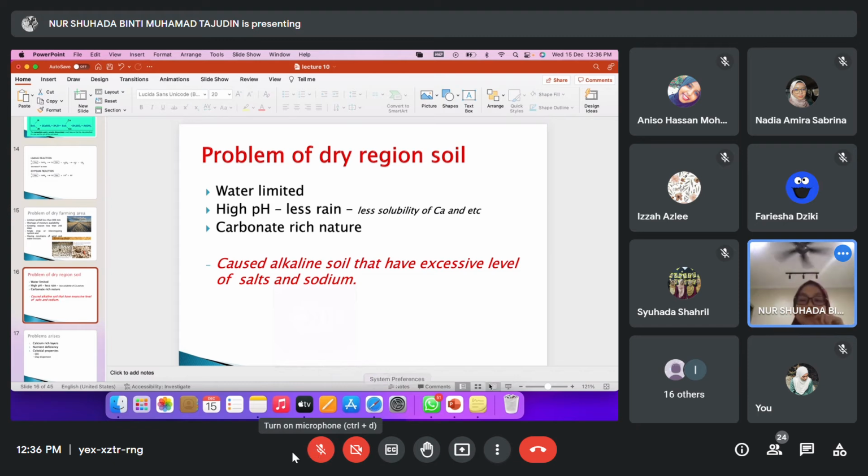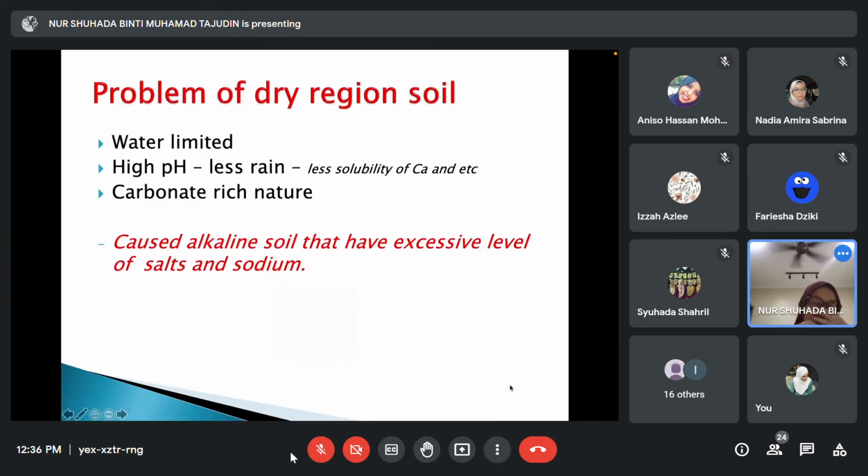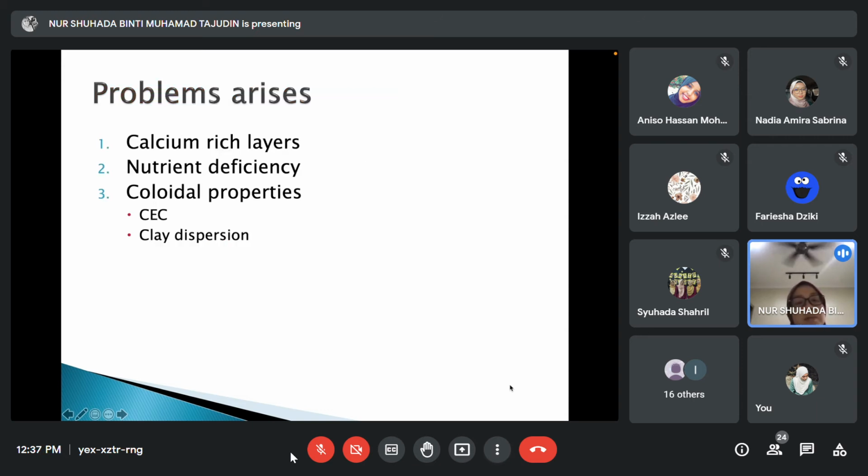No one. Okay, this type of soil causes an alkaline soil that has excessive levels of salts and sodium. Okay, there are a lot of salts and sodium. So what problems arise is that there are about 3 problems.